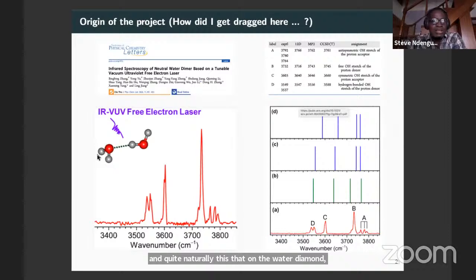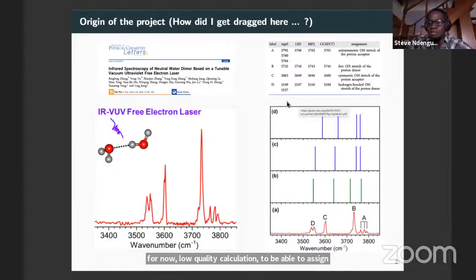They recorded the spectrum shown in the figure here, and they also made some calculations, which I would call low quality calculations, to assign all the various features that you can see on the spectrum.